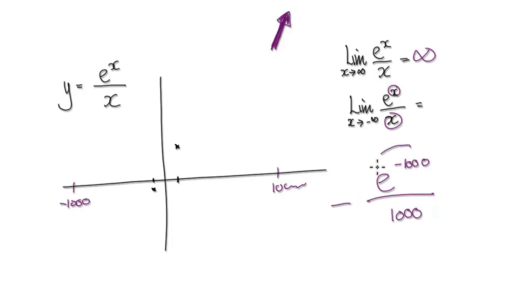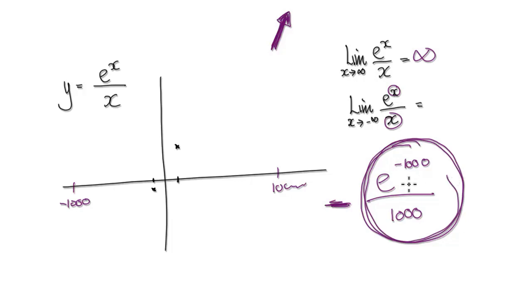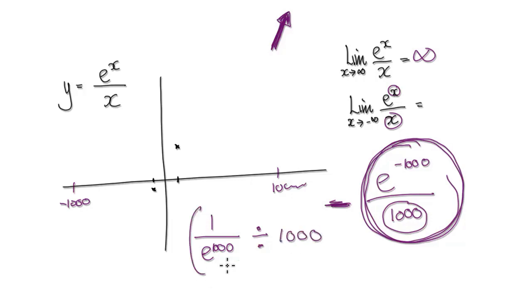So we can just concentrate on analyzing this bit only. So we've got a negative, whatever this may be. Now we don't understand what it means to have a power of a negative. So let's jump to 1 over e to the power of 1000 divided by this thing here, 1000. Don't forget this whole thing here has a negative in front of it.